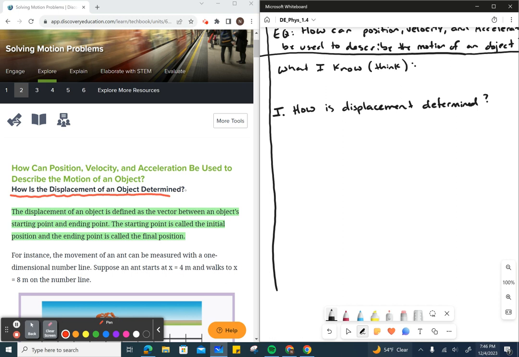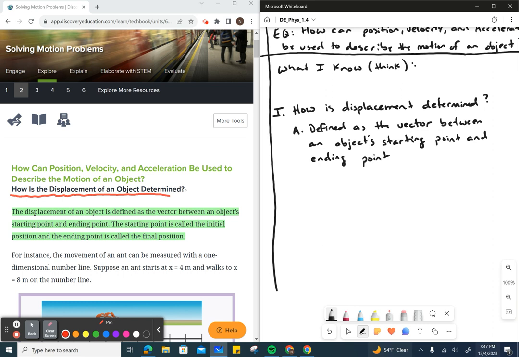Okay, so let's write that down too. Defined as the vector between an object's starting point and ending point.